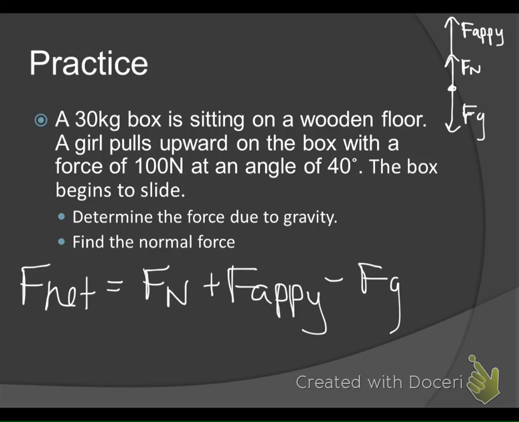We took our triangle components and added them to the correct axes. So this rightward force would be F applied X, and this would be the frictional force. Everyone see how I broke down those components and added them to the correct version of our free body diagram? Okay.